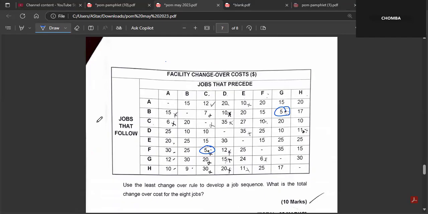So now my question is, what if there is only one column which has the smallest value? Do you compare it with anything, or is the answer you find the final answer? Yes, the answer is just 1. You just do the same for that. But if there are 3, you will do for all of them, select the one which gives you the best, and compare. Okay. Is that okay?